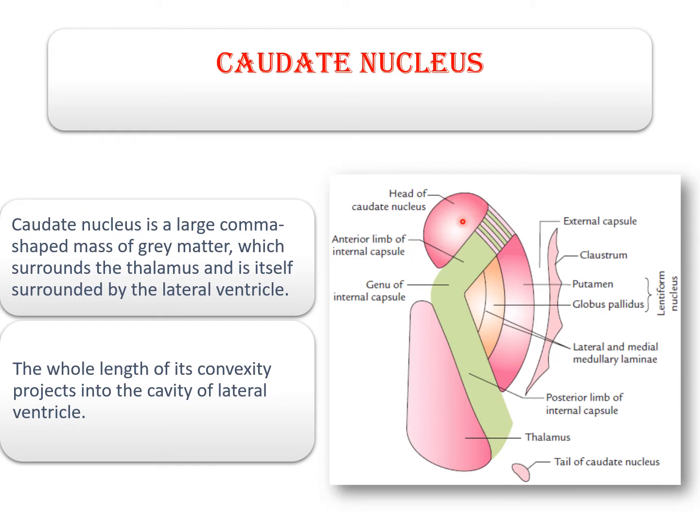So this is the head of caudate nucleus, then this is the tail of caudate nucleus, and this one is a putamen, and this one is a globus pallidus, collectively known as lentiform nucleus, and this one is the external capsule. Okay, and this one is the lateral and medial medullary lamina. This one is the claustrum.